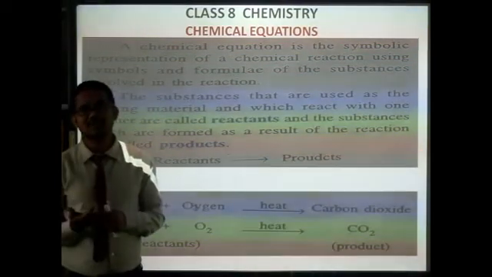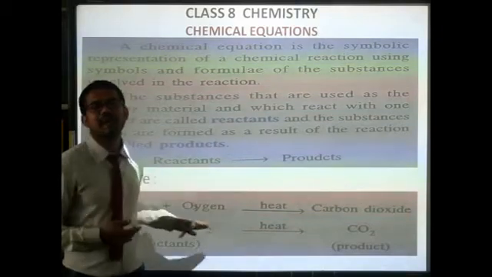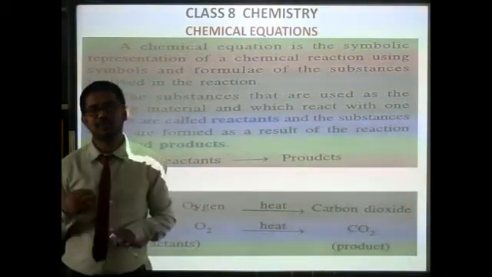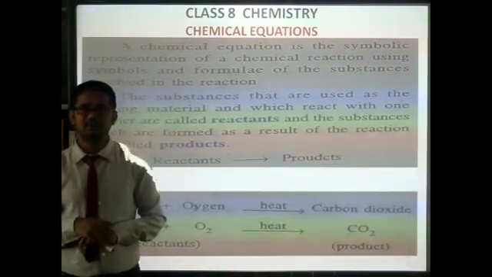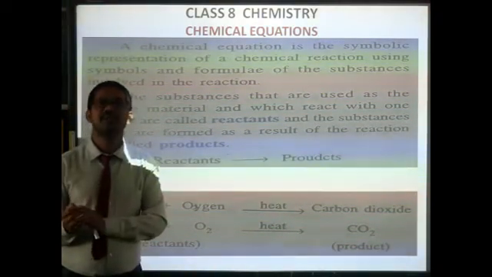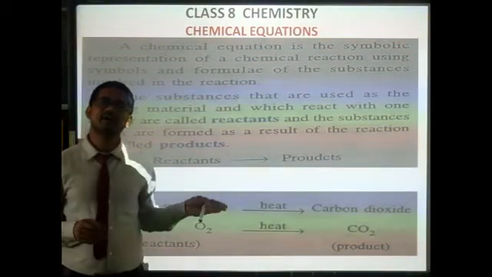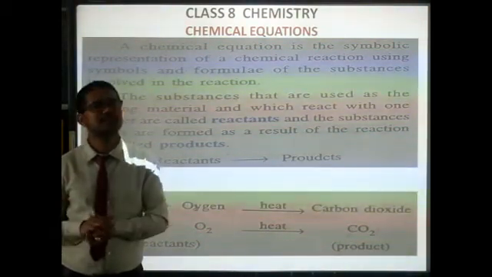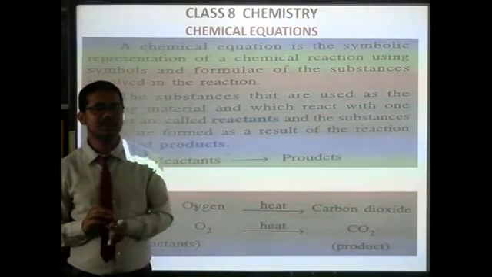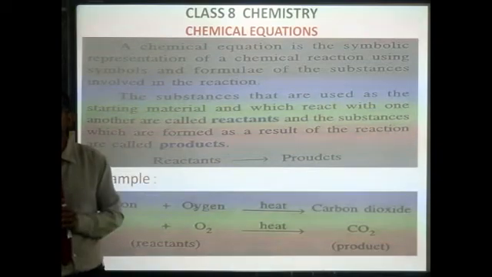So we do not use atoms while writing a chemical equation. We use molecular form. If it is an element, then we write the molecule of that element. And if it is a compound, then we write its molecular formula. Why? Because atoms are unstable.